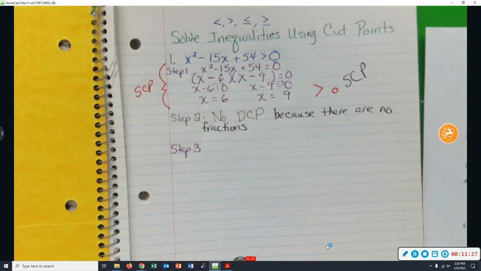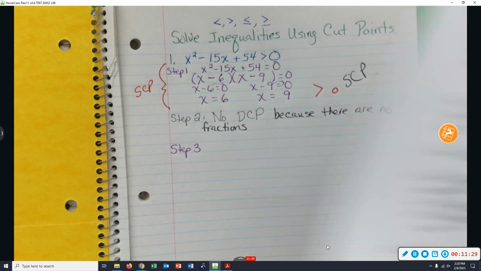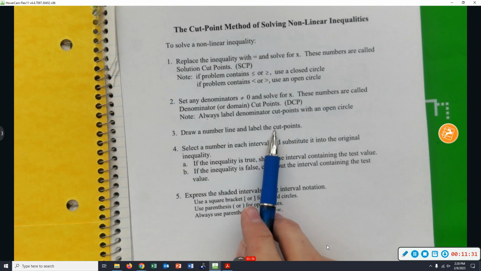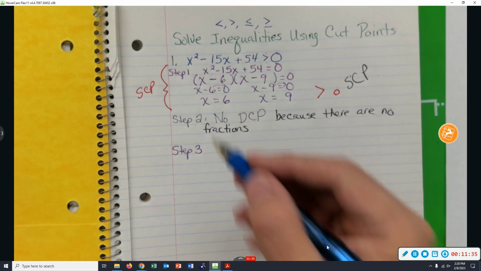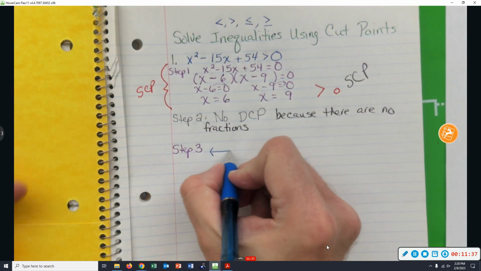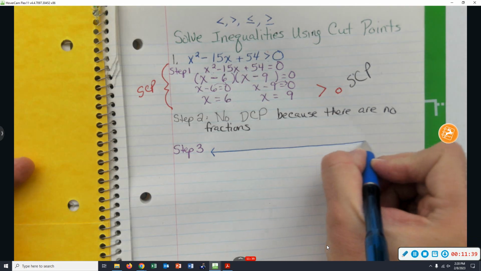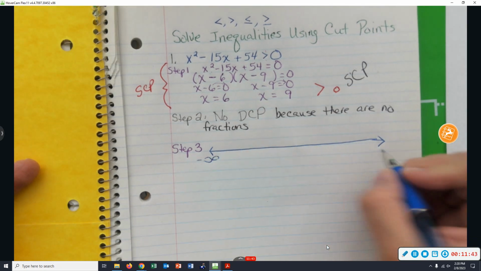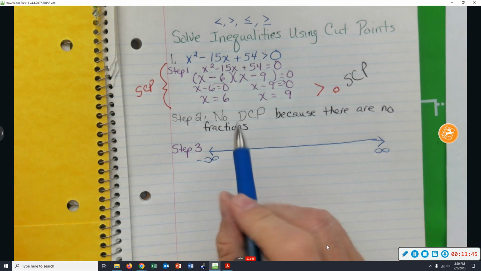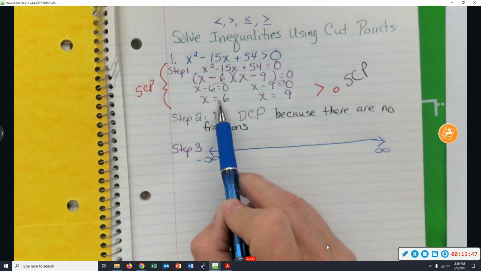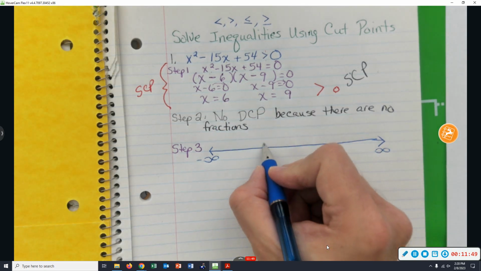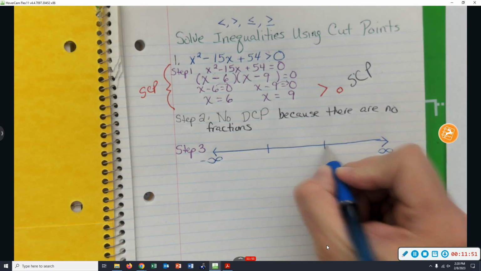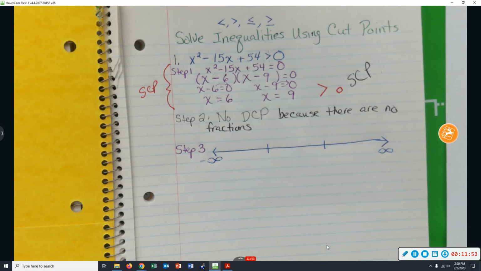Step 3 says, draw a number line and label those cut points. So I'm going to draw a number line. I'll go ahead and label the arrows as negative infinity and positive infinity. Here we only have 2 cut points, 6 and 9. Make sure you put those numbers in numerical order.